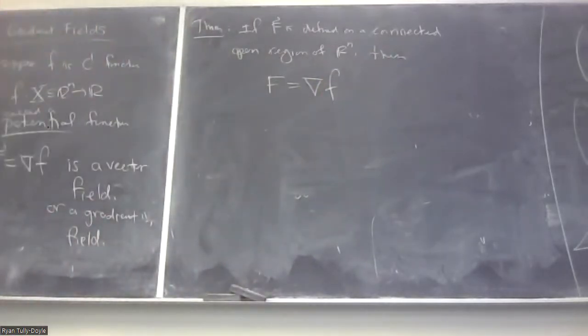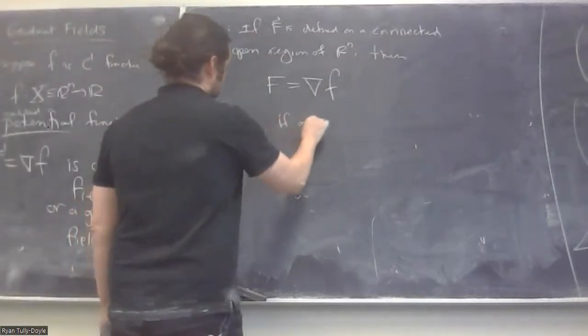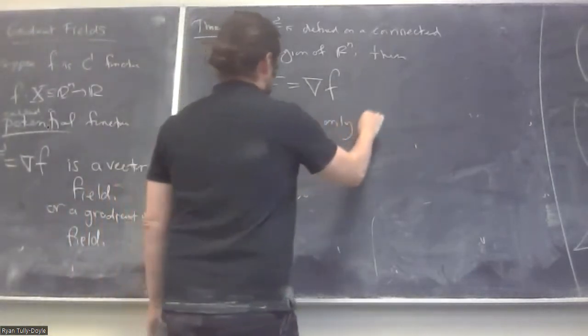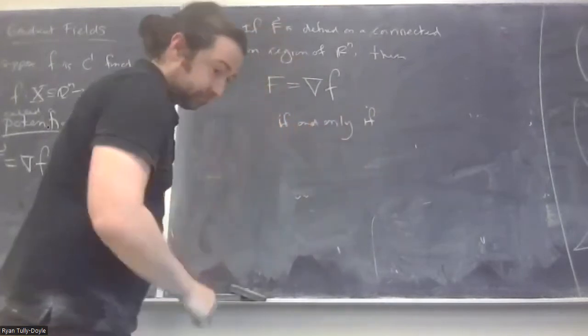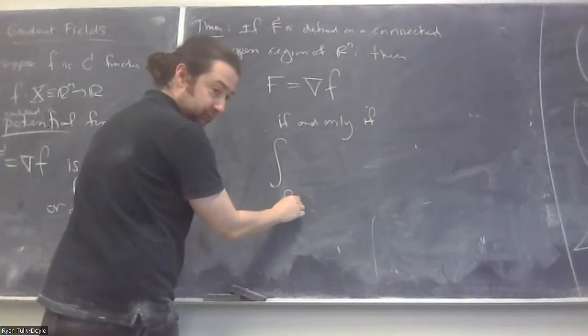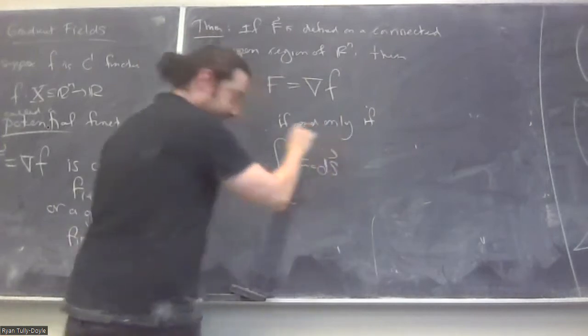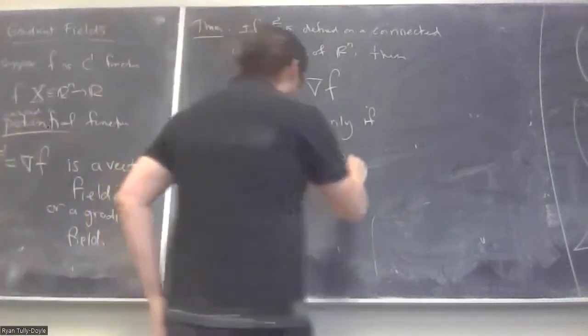That is, F is a gradient field if and only if the integral over C of F dot ds is equal to f at the endpoint minus f at the starting point.